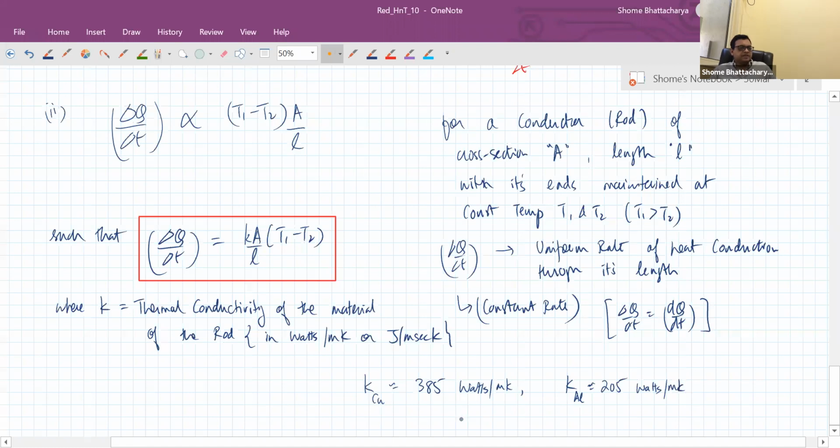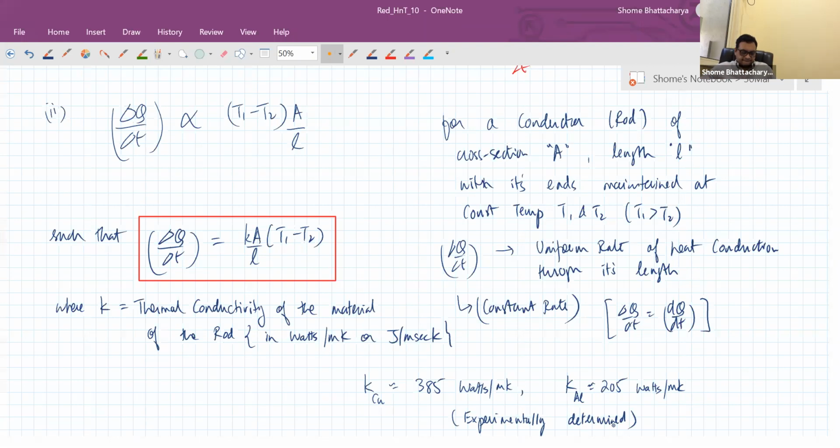Okay. These are experimentally determined. Similarly, brass is something closer to 100, a much poorer conductor of heat.